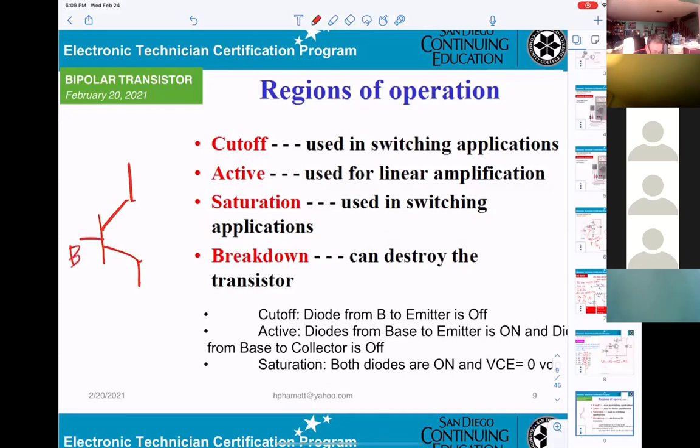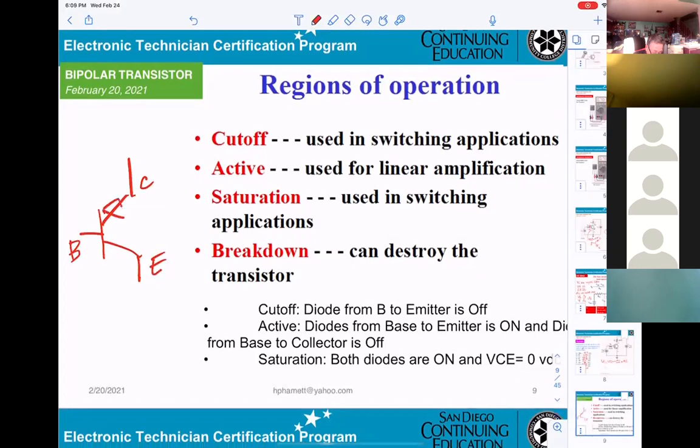This is the base, the collector, the emitter. In here you get one diode, and in here you get another diode. If you get 0 volt at the base, that means you don't have an applied voltage at the base, and this diode here will be open.